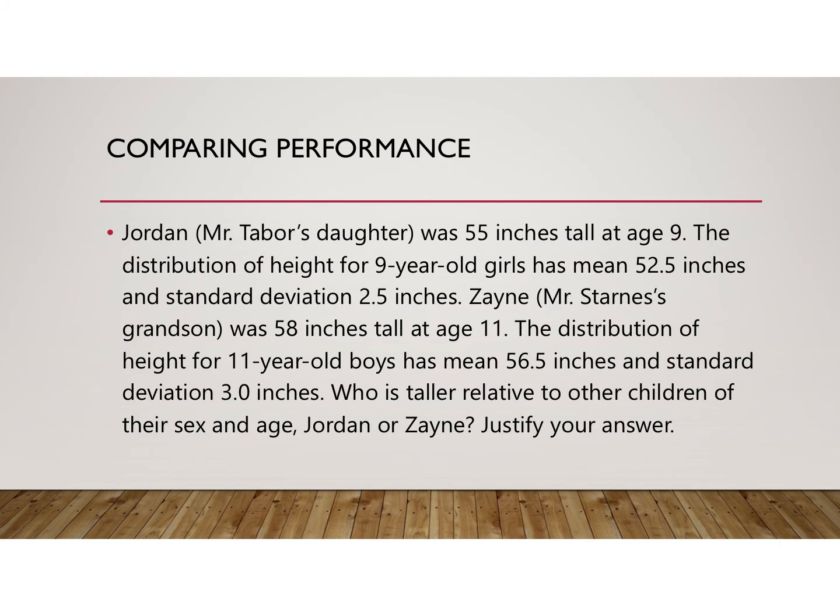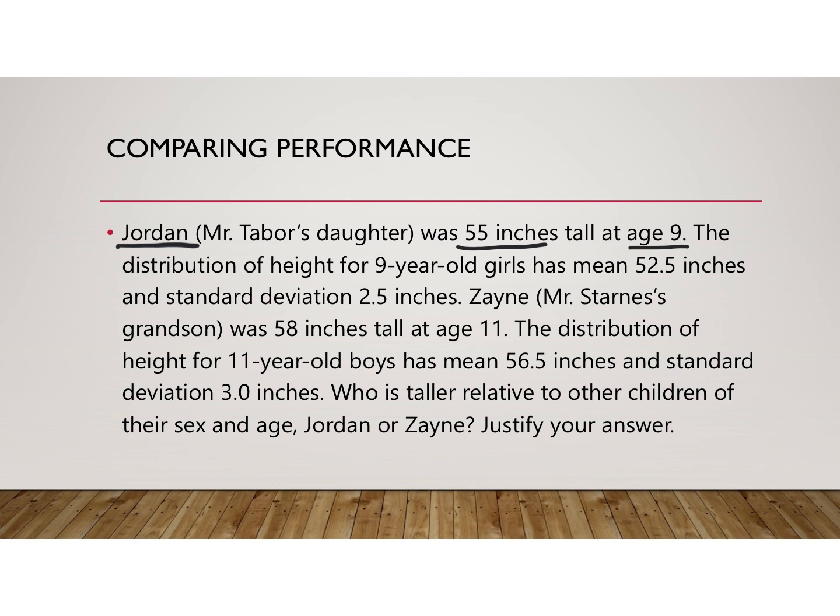Okay, so here's an example. We don't need to write all this down, okay? Jordan, so write down Jordan. Mr. Tabor, who is an author in the textbook, is 55 inches tall at age 9. Okay.